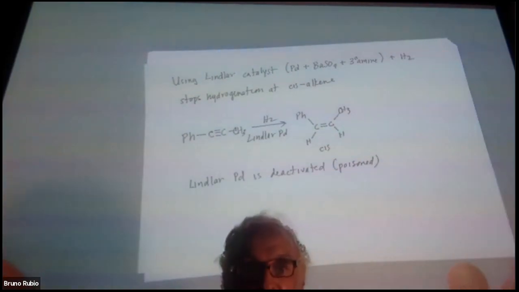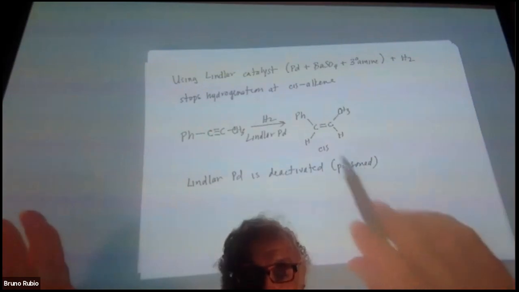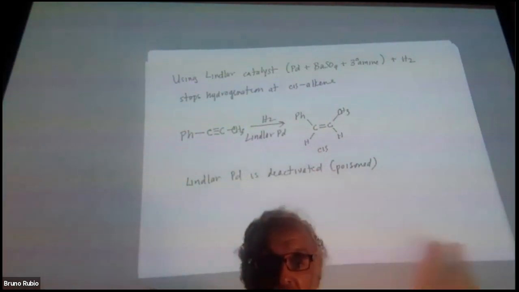It would be nice to be able to produce a trans alkene from an alkyne. We know how to make a cis-alkene from an alkyne. We use that hydrogen and the Lindlar catalyst. It would be nice to know how to make a trans alkene from an alkyne.